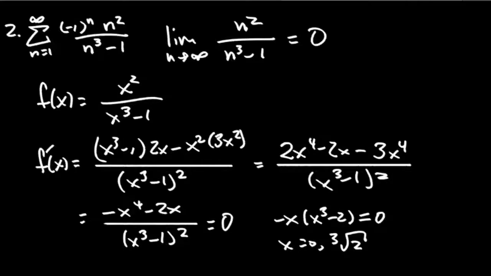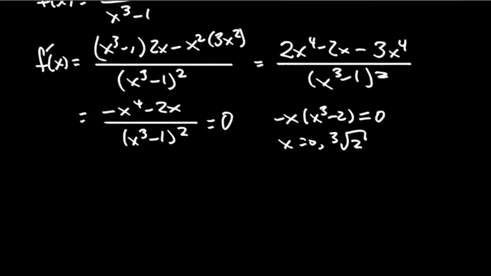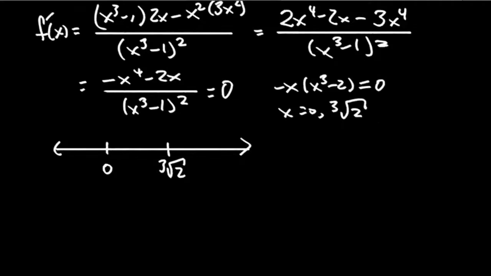Let's look at this on a quick little number line there: 0, cube root of 2. So essentially, if from this point on the thing decreases, then it's going to work.